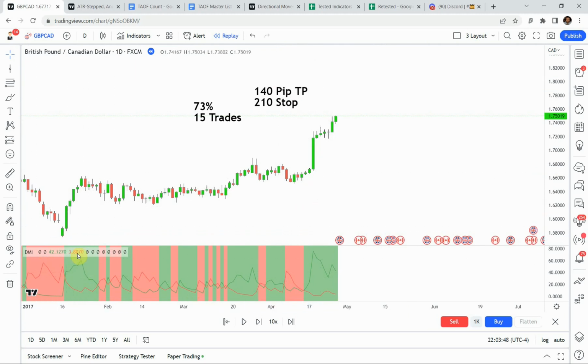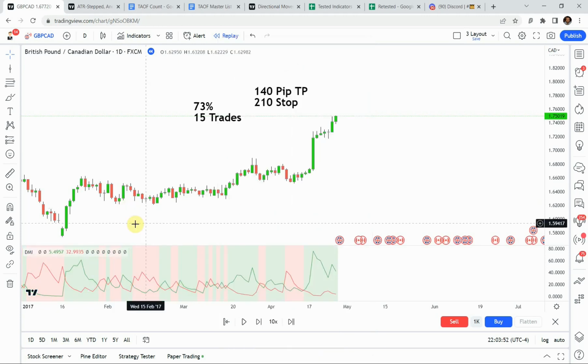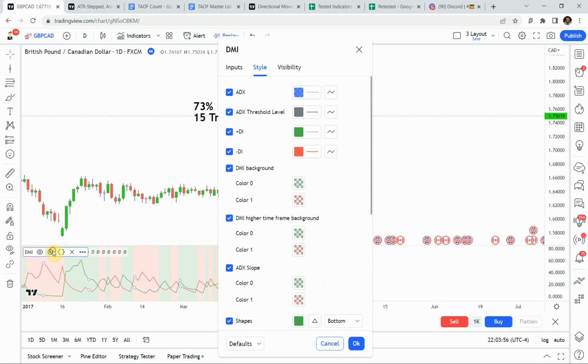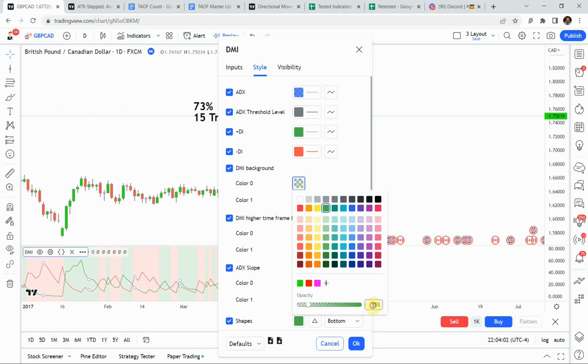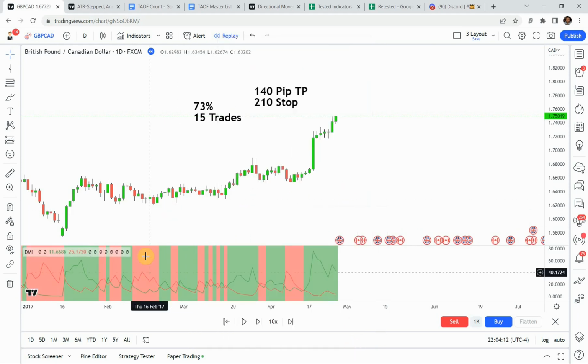The indicator itself was slightly changed visually, like we often do. On default, it looks like this right here. So what we did was went in and we changed the DMI backgrounds here, changed the opacity here to 60 and also 60. So that gives us this really nice, bright, vibrant background right here, like you see.